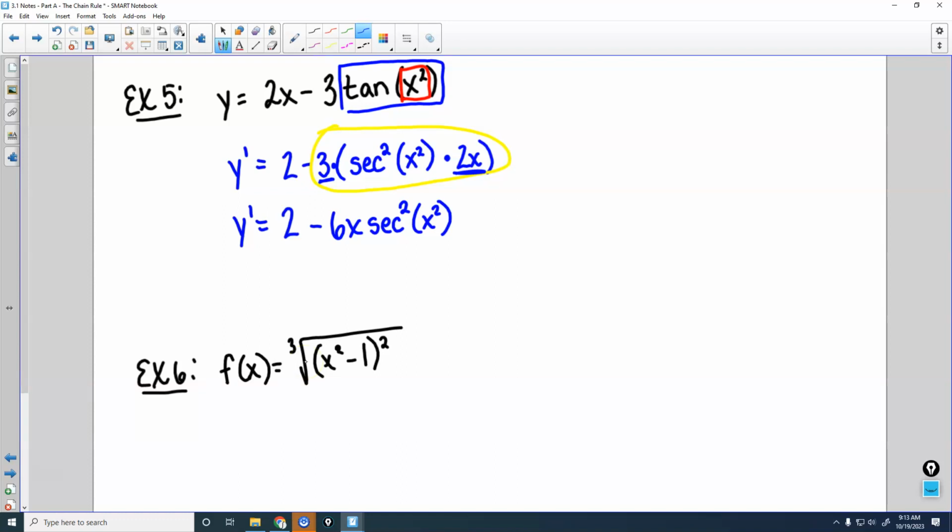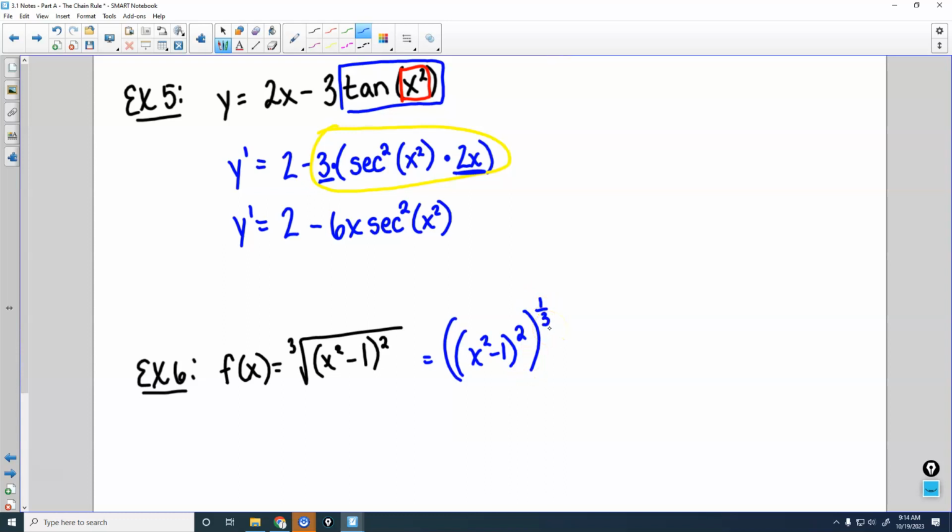However, as you can imagine, doing the chain rule inside of the chain rule starts to get a little bit complicated. Is there a way I could rewrite this so I would not have to do a triple chain rule? Do 1 to the third. 1 to the 1/3. Okay. So if I've got x squared minus 1 squared to the 1/3 power.